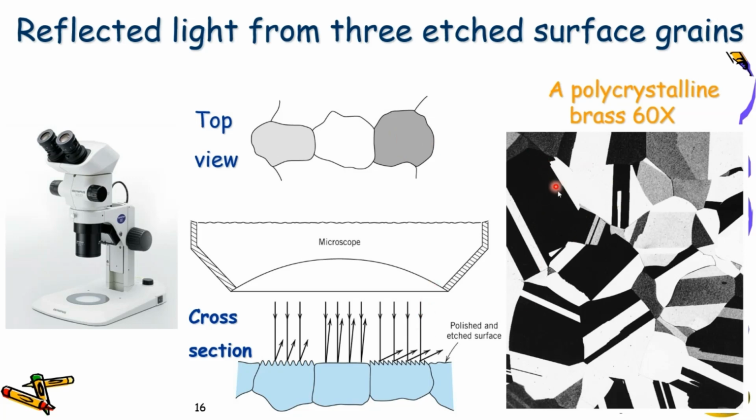So this is rough compared to this one. This one smooth, this one rough, this one in the middle, between this and this, right? Okay. So as you can see, on the etched surface, this one is bright, looks like this.